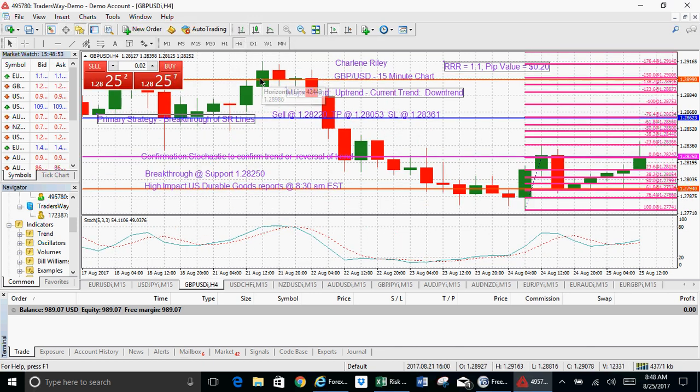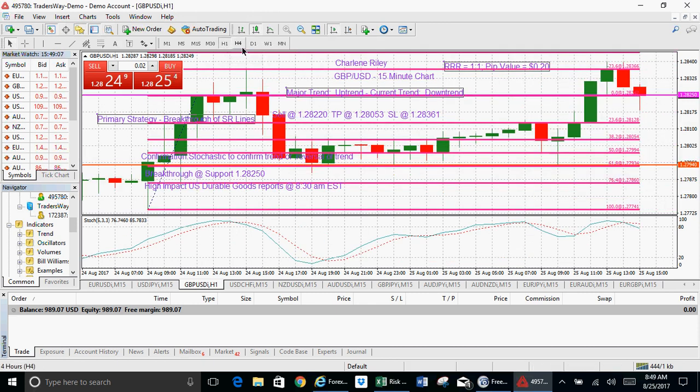Then when I go to the 4-hour chart, I again see the downtrend and the market starting to reverse upwards for the last day. And then when I get to the 1-hour chart, I see the uptrend, but currently it looks like the market is trying to go into a downtrend. And I'm also seeing that my Fibonacci lines are about to expire.